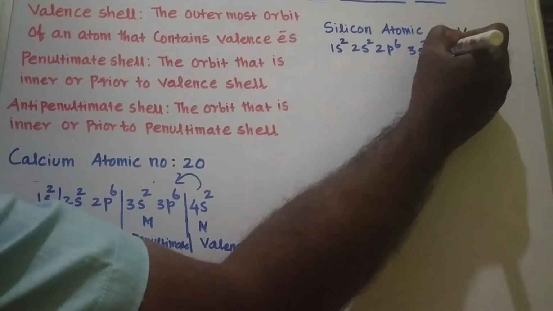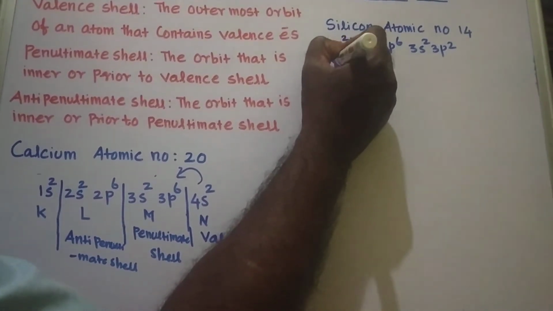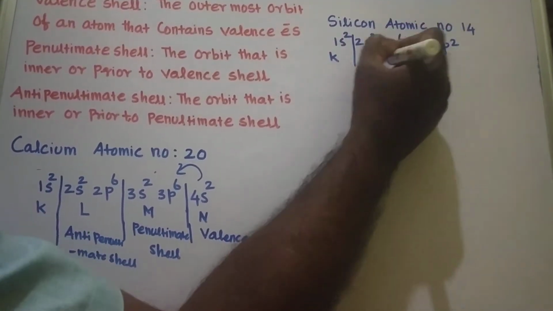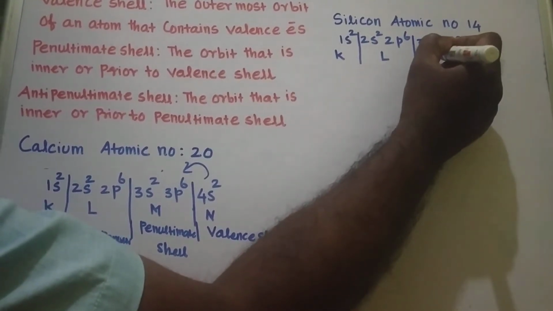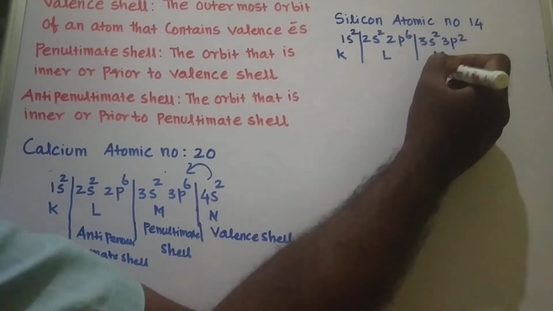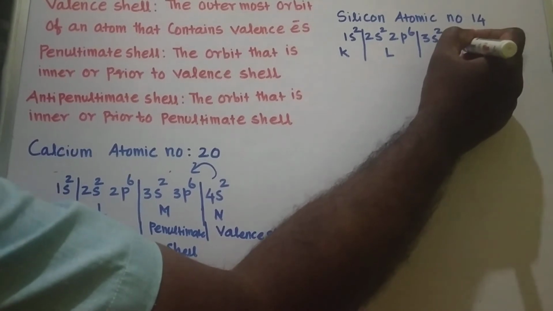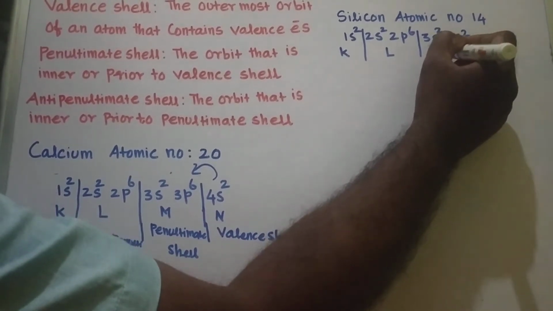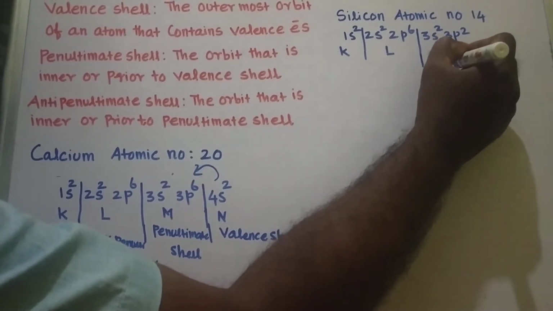3p2. So learn that 1s belongs to the K orbit, 2s and 2p belong to the L orbit, and 3s and 3p belong to the M orbit. So 3s2 and 3p2 belong to the M orbit. Therefore M orbit is the valence shell.